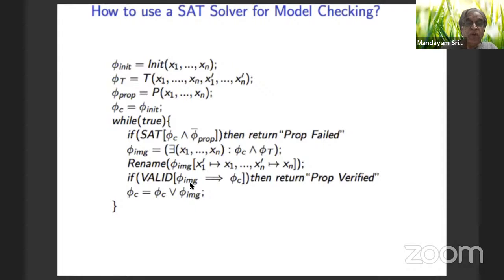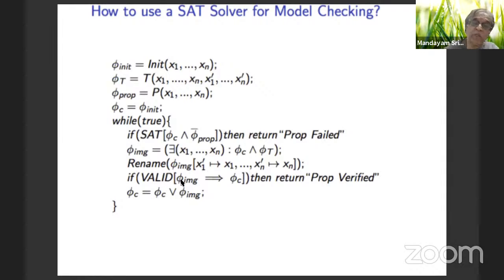So if it is already in there, you check if you've reached the fixed point or not. If you've reached the fixed point, if the image is already included in phi c, which is, once again, if this is valid. Okay, how do you check validity using SAT solvers?